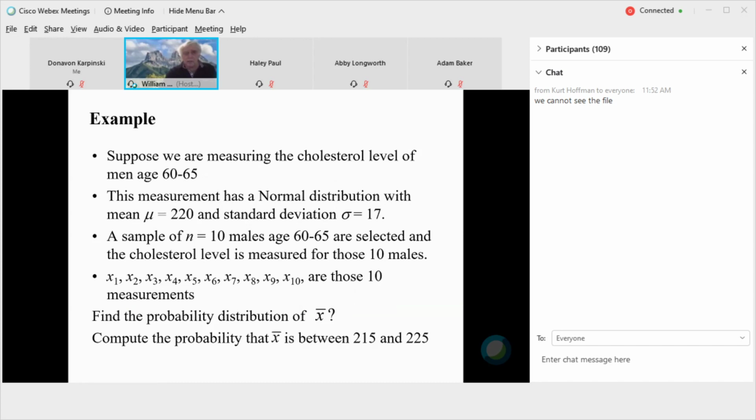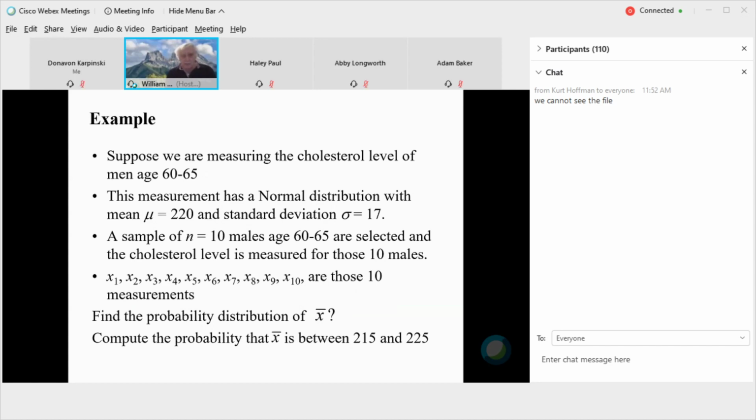Example, suppose we're measuring cholesterol level of men aged 60 to 65. This measurement is known to have a normal distribution, mean 220, standard deviation 17. So that means the measurements of cholesterol for men aged 60 to 65 will be coming from underneath a bell-shaped curve centered at 220, and the 17 is how spread out this is.